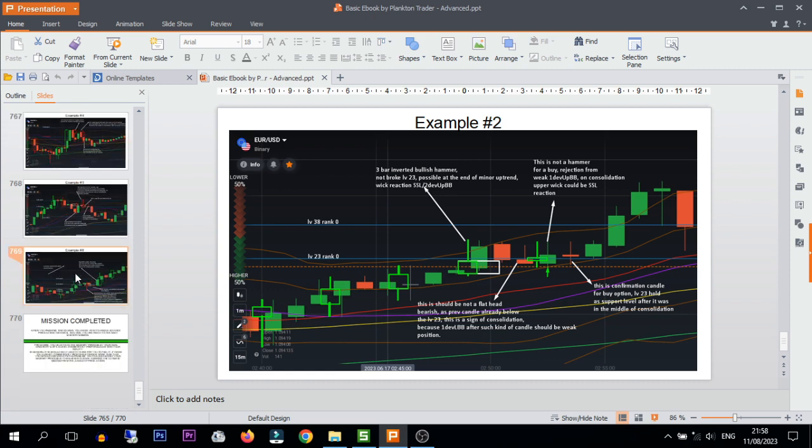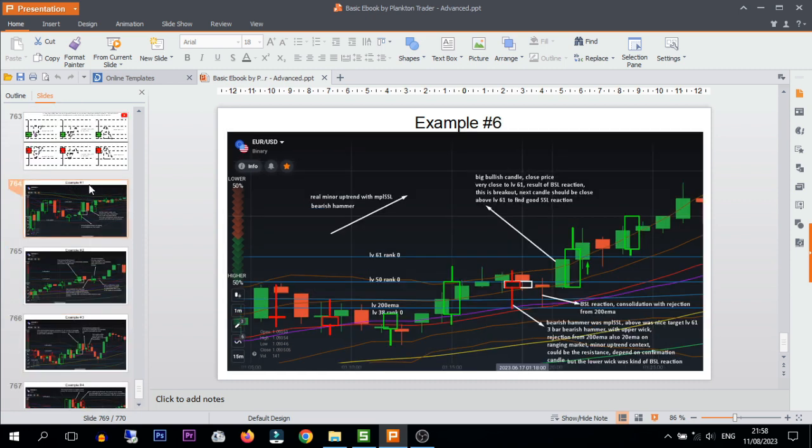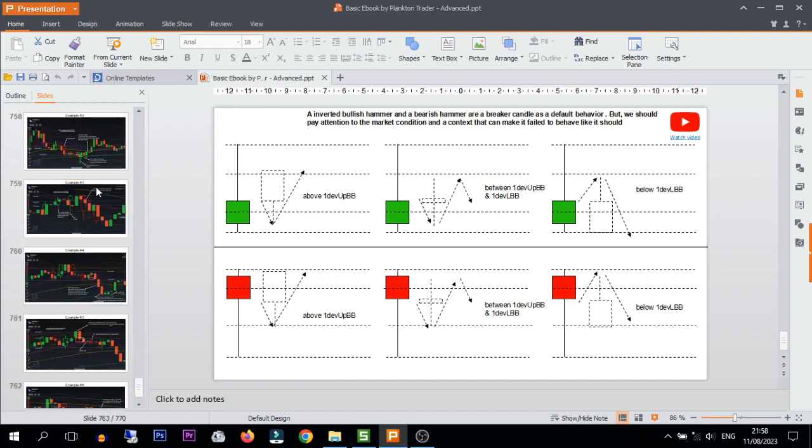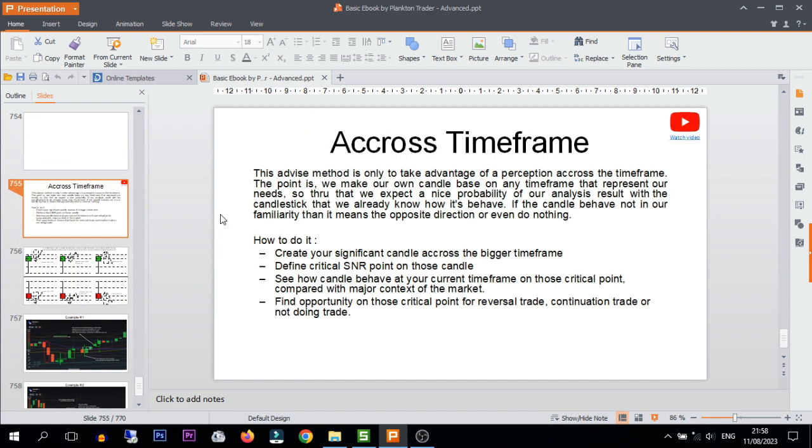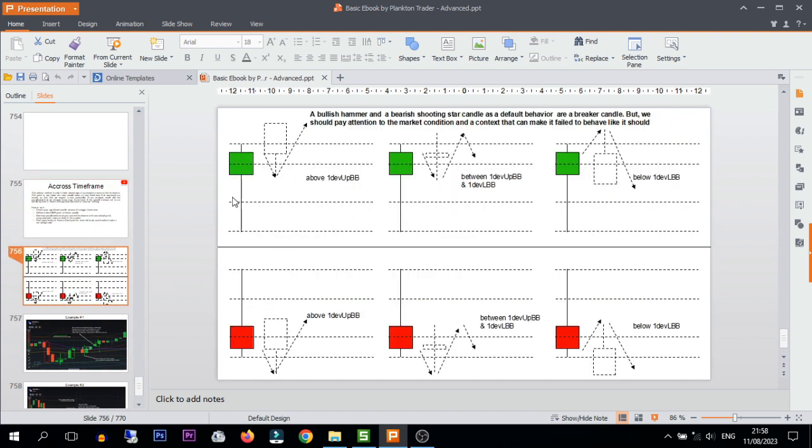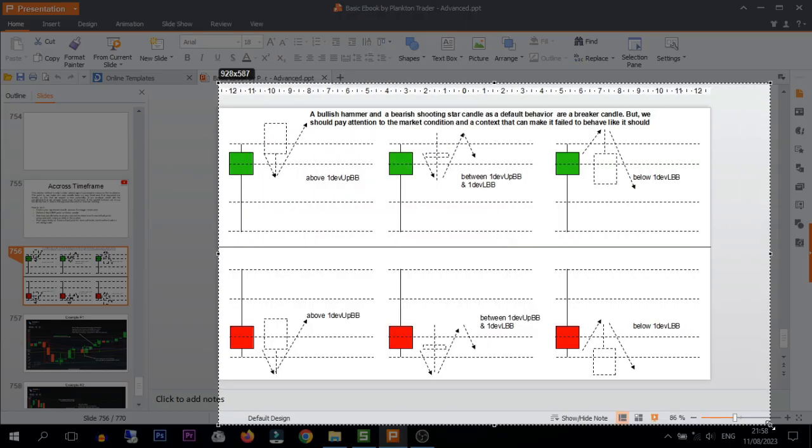And then mission completed. Okay, so that was it. The last is the cross time frame, so you make up your own candlestick. And all candlesticks have possibilities. Remember, every shooting star has a possibility to become consolidation, which makes a doji, or to become a trend.